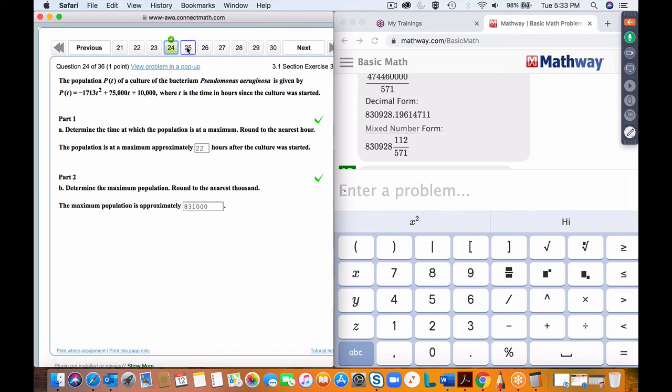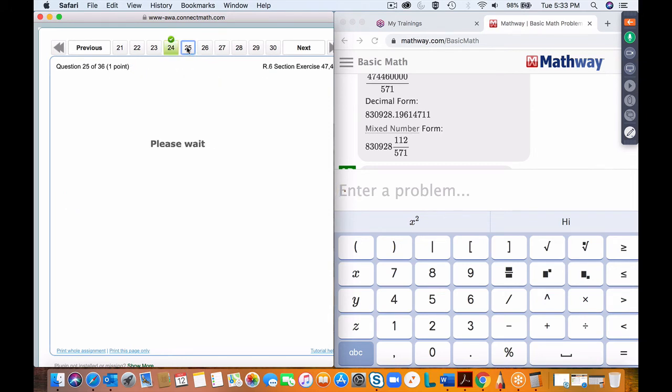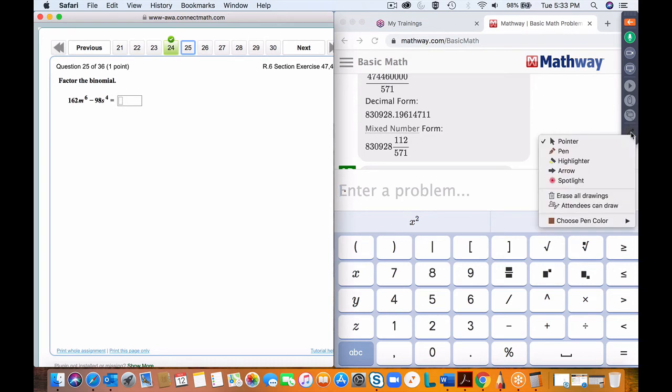Yeah. Now, there's a lot of people having trouble with this. Let me give you the simple way to do this. Notice that first, these two numbers right here are divisible by 2.